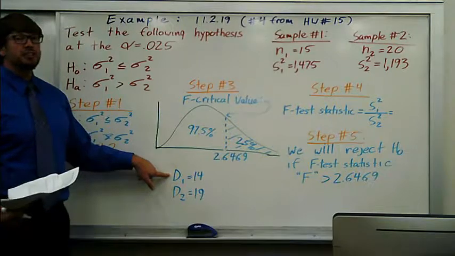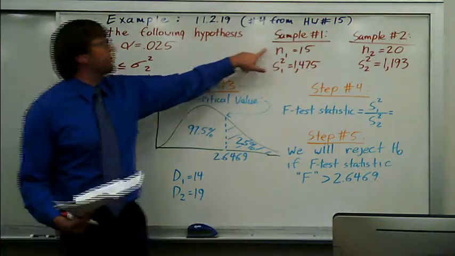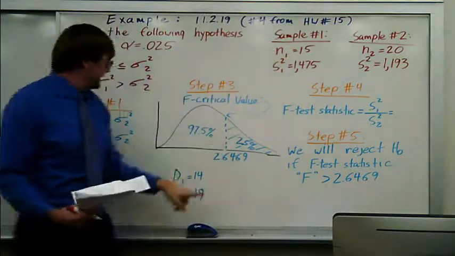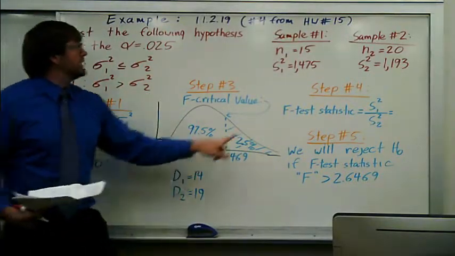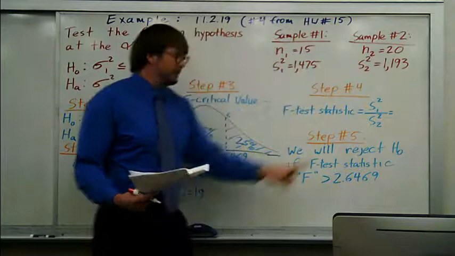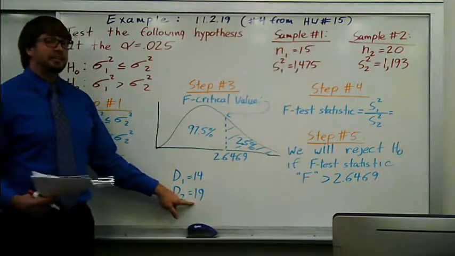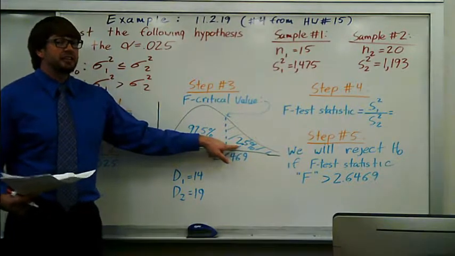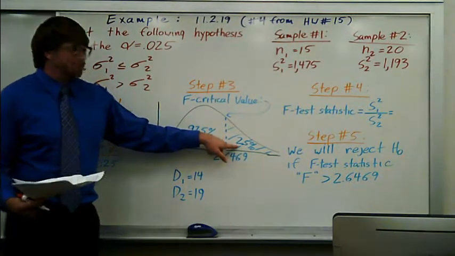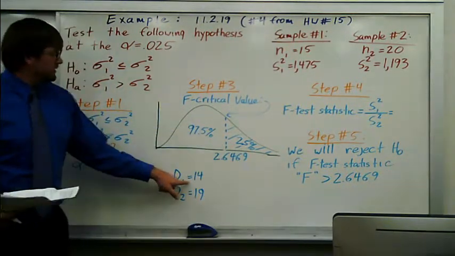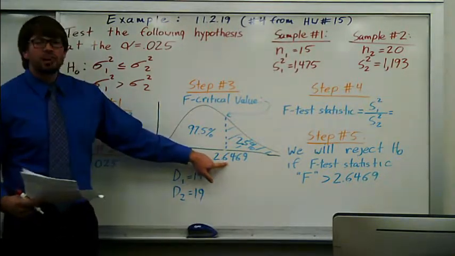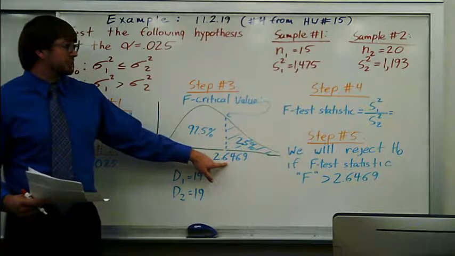D1 is just the degrees of freedom from sample 1. So in this case, since sample size 1 is 15, D1 is going to be 14. Since sample size 2 is 20, our D2 is going to be 19. So at the 0.025 significance level, and D1 of 14, D2 of 19, I come up with an F critical value of 2.6469.